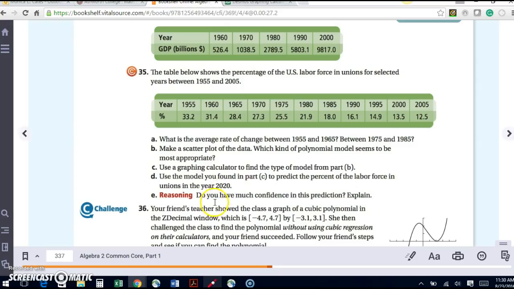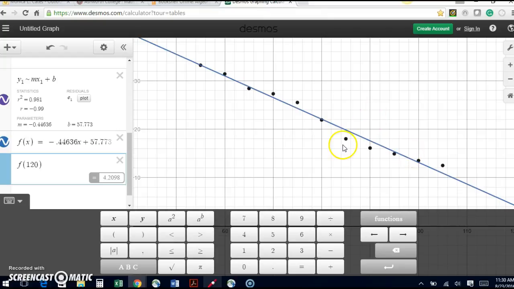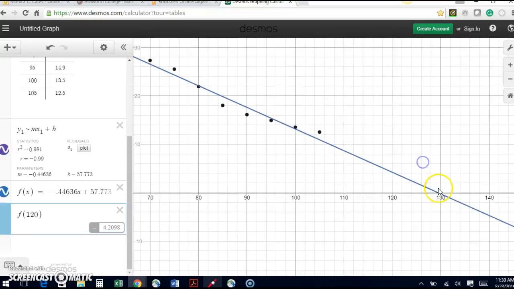All right. Do you have much confidence in this prediction? The prediction looks pretty good. However, you notice that my line is not directly on my dots, and it definitely seems to be decreasing, but at the same time, you see I'm going into the negatives, and we know that we're not going to ever go negative.